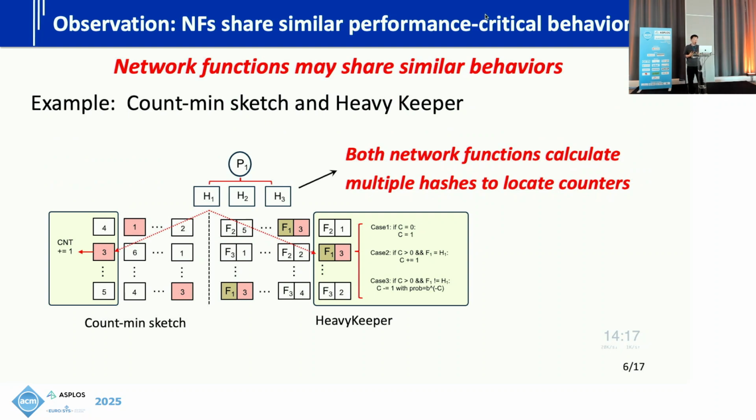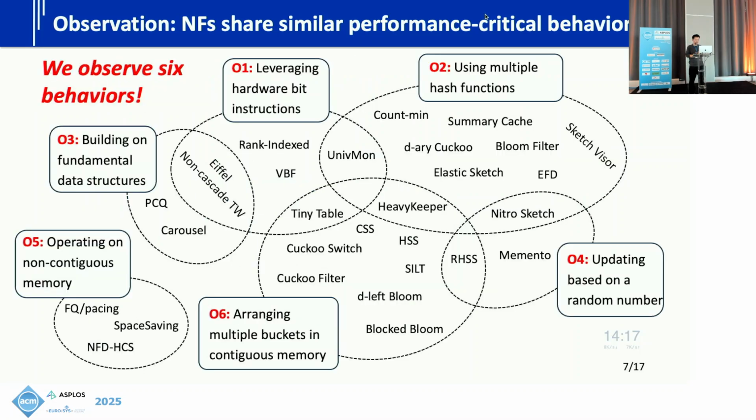For example, both the count-min sketch and the heavy keeper share the behavior of calculating multiple hash functions. They both compute multiple hashes based on the packet header and use these results to locate the counters. After that, the two network functions may perform different actions on the counters.